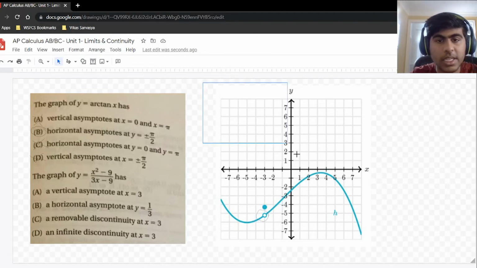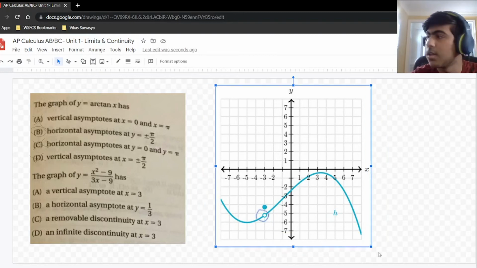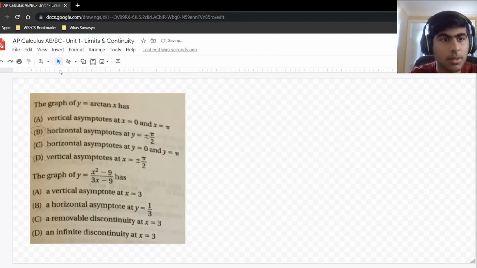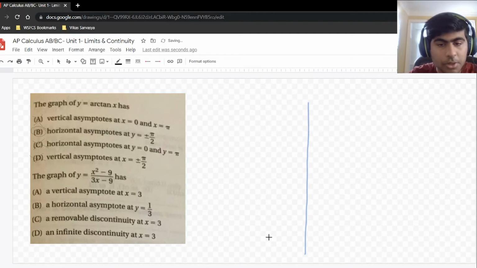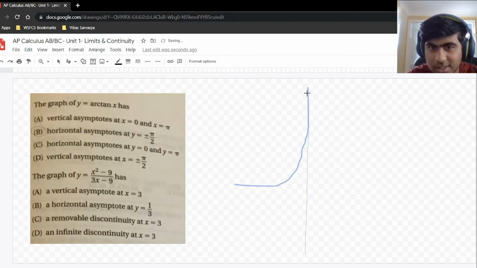Now, an infinite discontinuity, I don't have one, but this is what it looks like. It's basically a vertical asymptote, right? You have this vertical asymptote, and then you have this line, and it goes up to it really close, but never actually touches it.